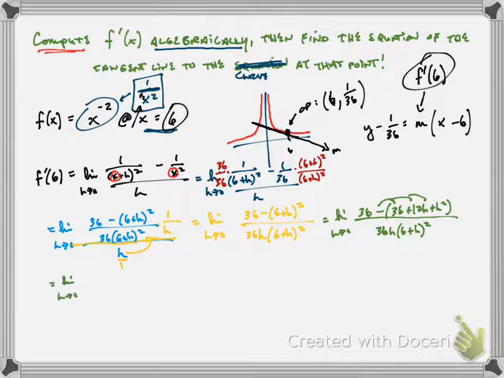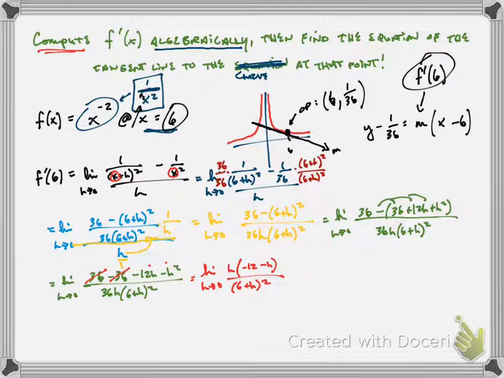Limit as h goes to 0 of 36 minus 36 minus 12h minus h squared all over 36h times 6 plus h quantity squared. Okay, 36 take away 36 cancels, that's 0. We can factor an h out of both of these terms. We now have the limit as h goes to 0 of h times the quantity negative 12 minus h over 6 plus h quantity squared times 36 times h.